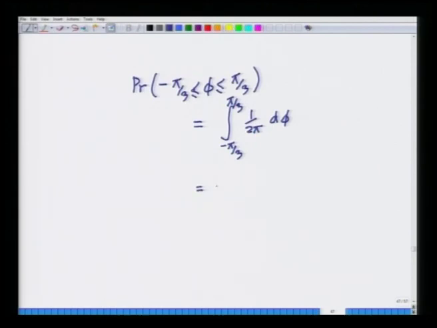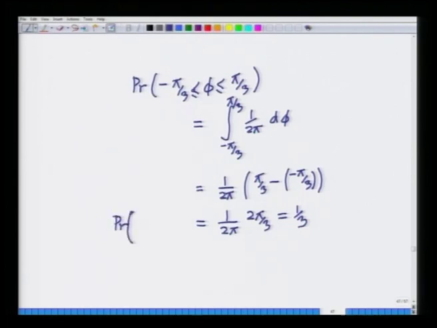This is simply 1 over 2 pi times (pi over 3 minus minus pi over 3), which is 1 over 2 pi times 2 pi over 3 equals 1 over 3. So, the probability that the phase lies between minus pi by 3 and pi by 3 is essentially 1 over 3.